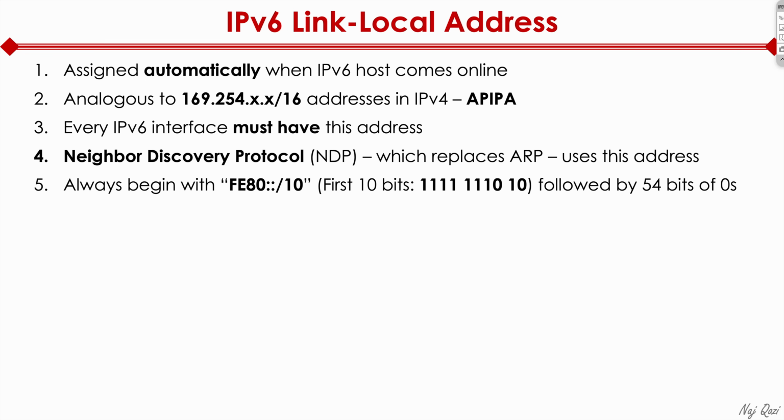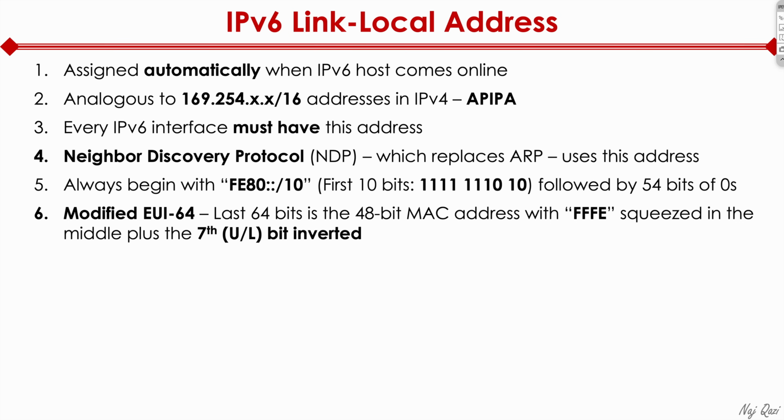And the link local addresses, according to the RFC standard, always begin with FE80::/10, which means the first bits are always in this sequence as you see in front of your screen, followed by 54 zeros. And there's something interesting in IPv6 called Modified EUI-64, and EUI stands for Extended Unique Identifier.